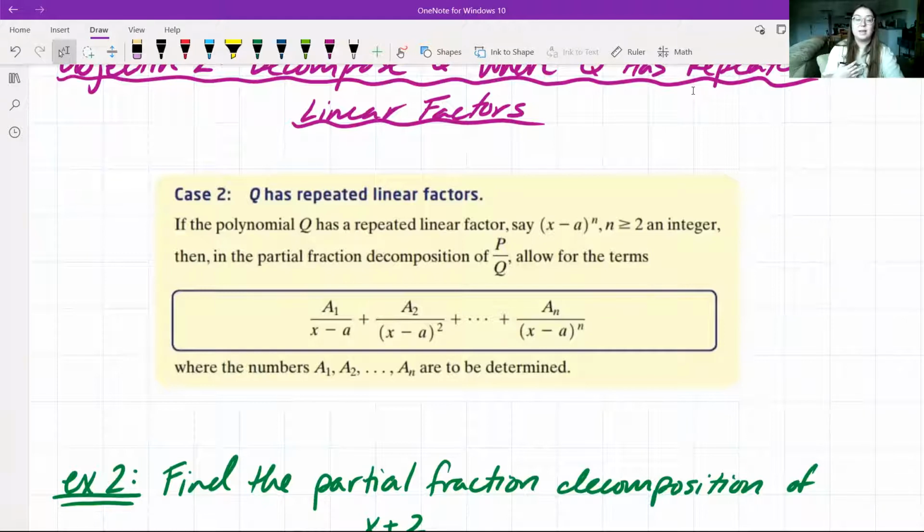So remember, you can write them as a sub 1, a sub 2. You could also write them as just a, b, until you get to the end.